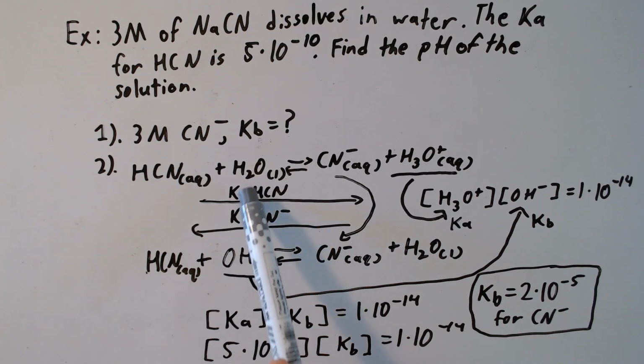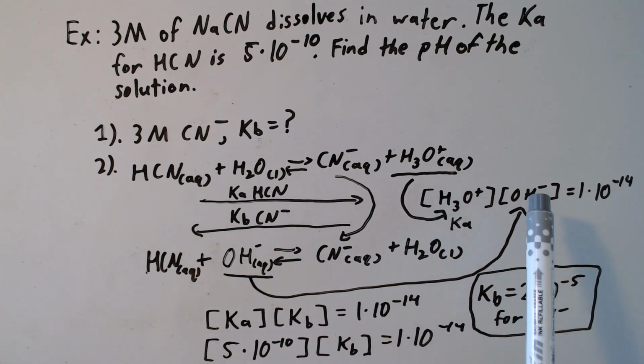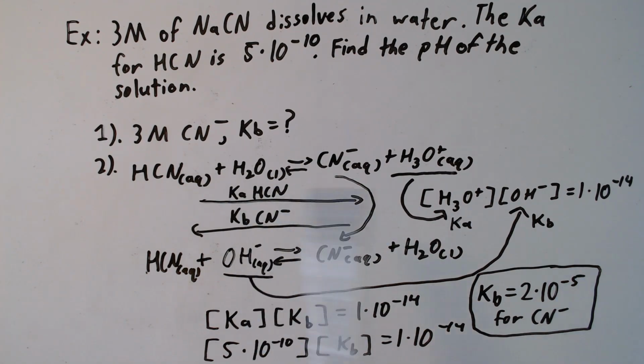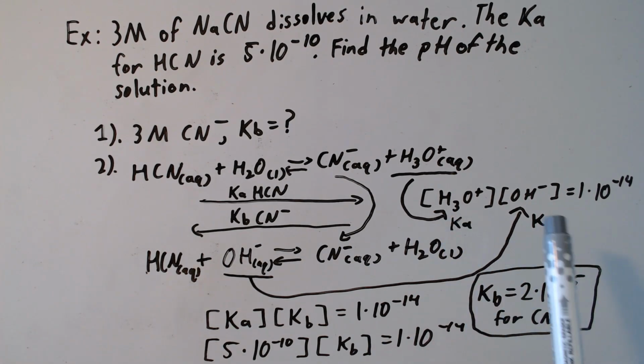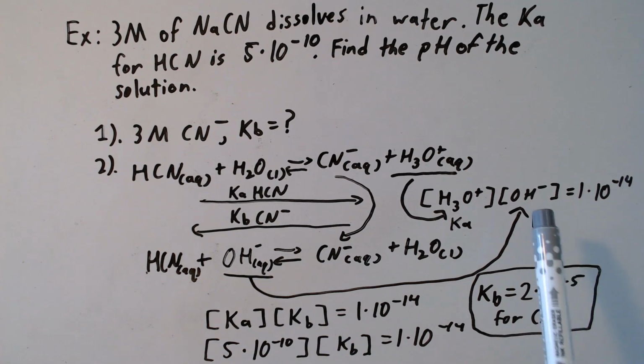And since the Ka and the Kb correspond to the H3O+ and the OH- respectively, they are proportionally corresponding to both of them, then we can write this equation where the Ka times the Kb also equals 1 times 10 to the negative 14th, just like the H3O+ and the OH-. So Ka corresponds to H3O+ production, Kb corresponds to OH- production.